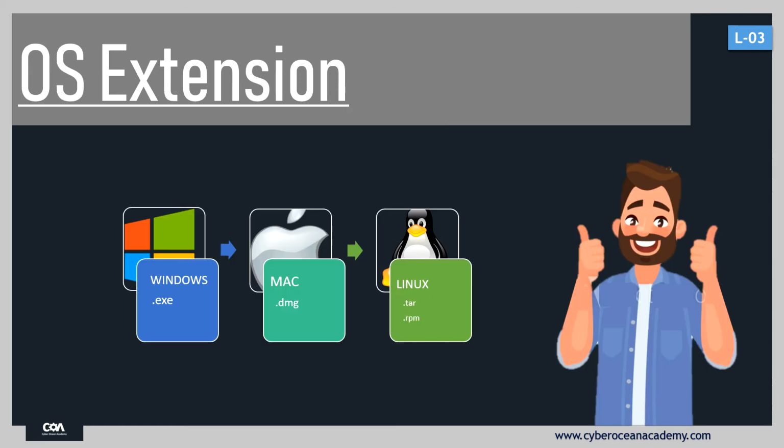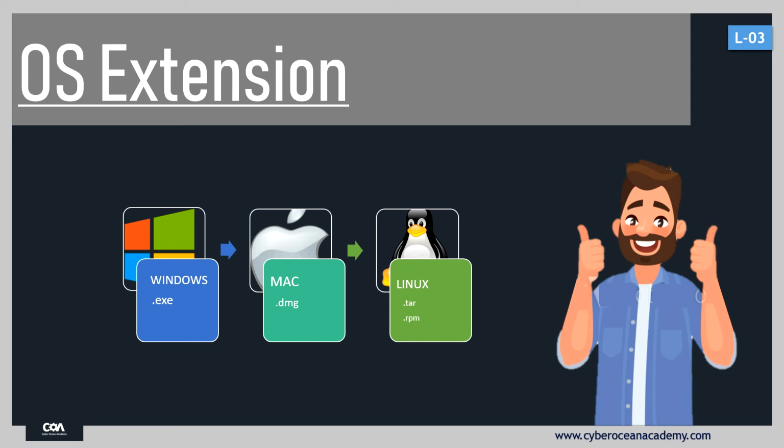In the same way, we have OS extensions. Different operating systems understand different OS extensions. Windows operating systems only understand the OS extension .exe. A Mac operating system only understands the .dmg OS extension, and Linux operating systems only understand the .tar and .rpm OS extensions.